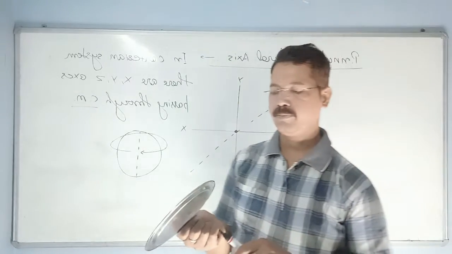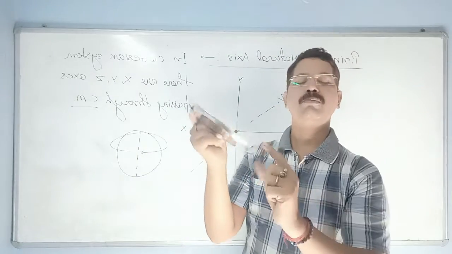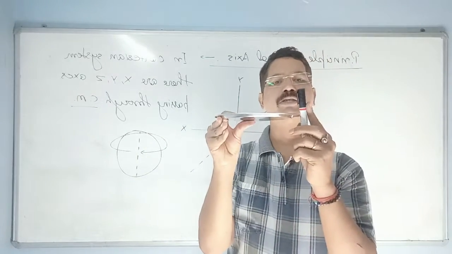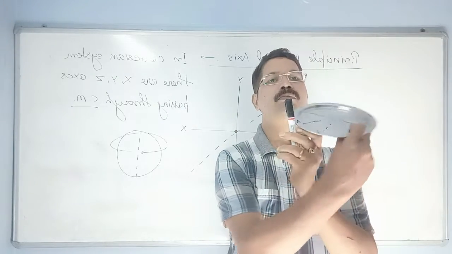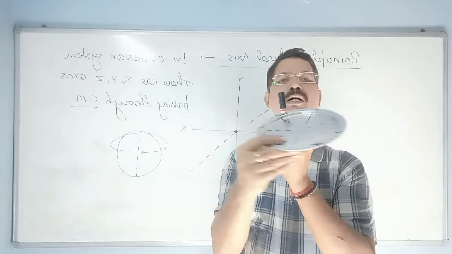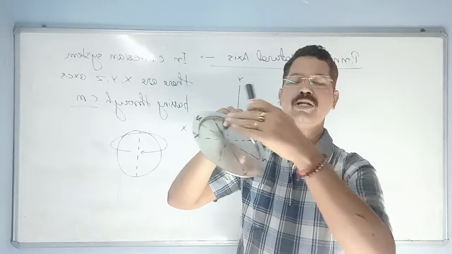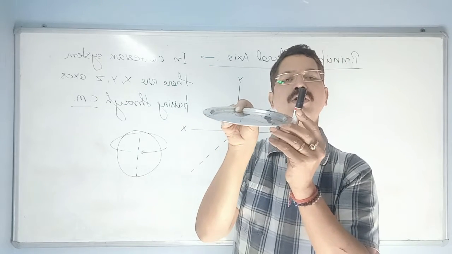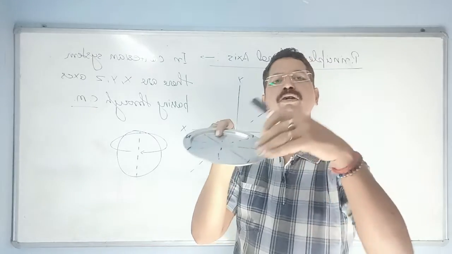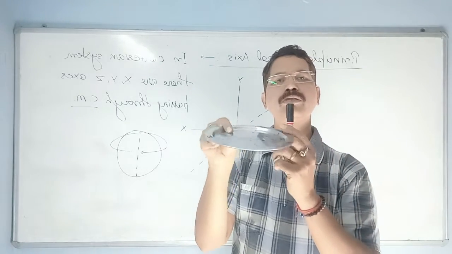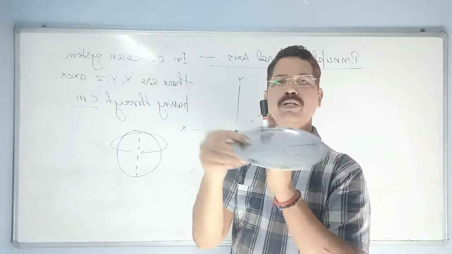Sometimes this is the body and this is the axis, and the body rotates around the axis. The body lies in the perpendicular direction, so this is the axis and the perpendicular direction. So it is perpendicular rotation around the body.